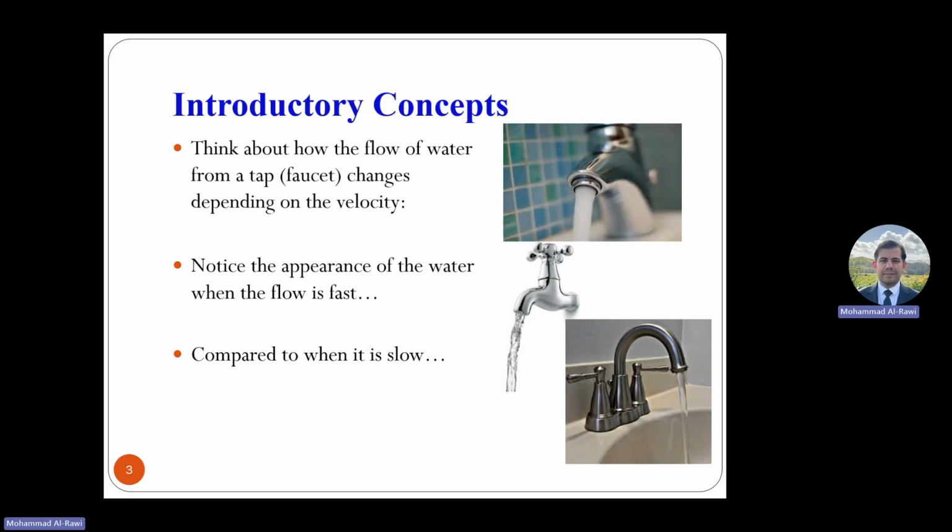So to introduce you, think about how the flow of water from a tap changes depending on the velocity. If you open the tap fully, then you find the water will come out like this. It's a bit white. You cannot see through it, as the particles are disturbed and pushing each other.